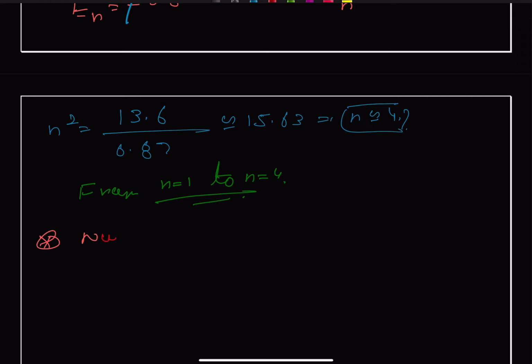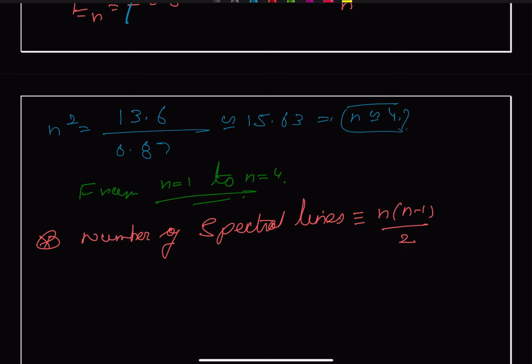So we can write number of spectral lines will be equal to n into n minus 1 divided by 2. So this gets a 4 multiplied by 3 divided by 2, and this 4 goes by 2, which gives us 6 lines.